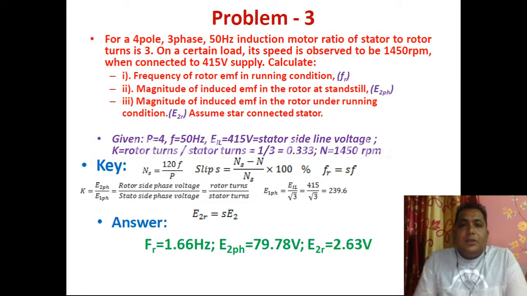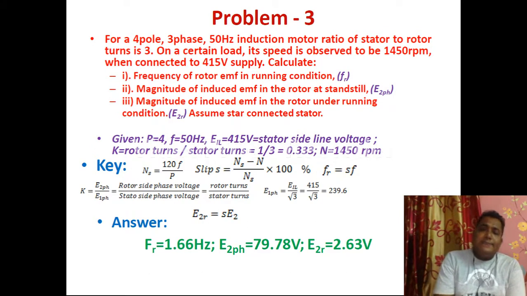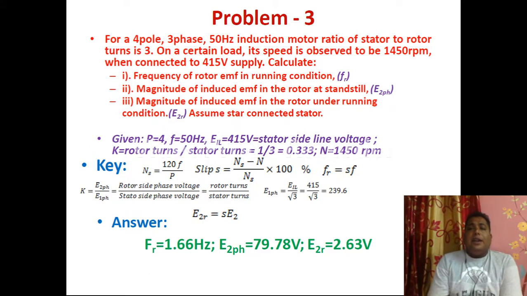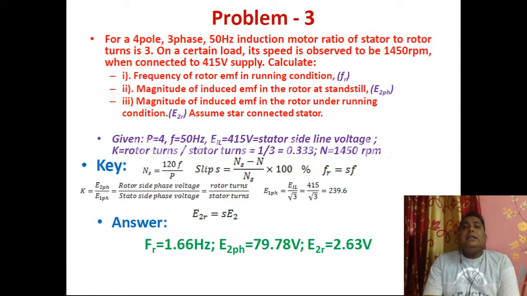Yes, so now what is there, for a 4-pole 3-phase 50 Hz induction motor, the ratio of stator to rotor turns is 3. On a certain load, its speed is observed to be 1450 rpm.